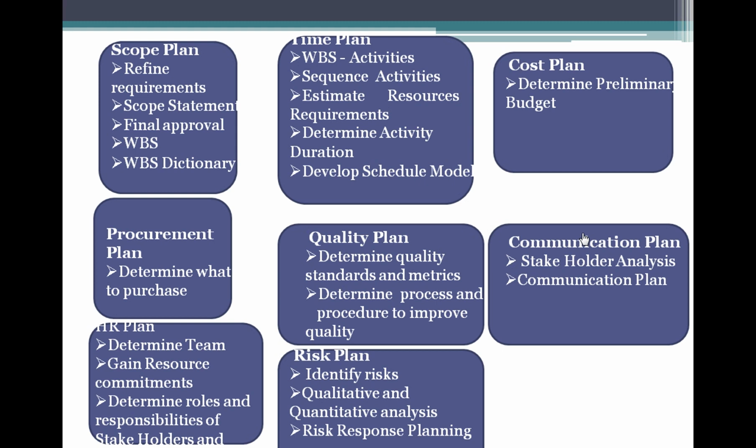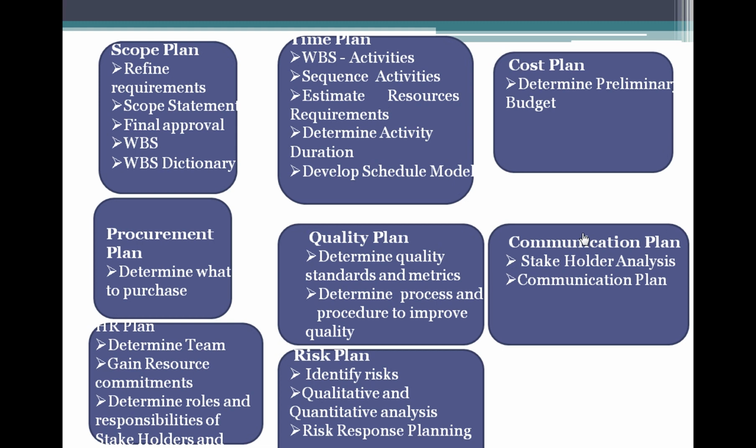Sometimes the time duration of the project might not be in line with what we expected, so that might lead to a change in the scope statement. So these are the triple constraints: scope, time, and cost.